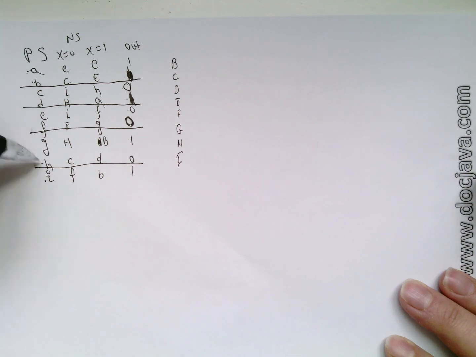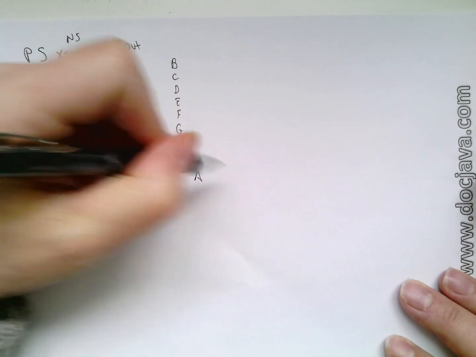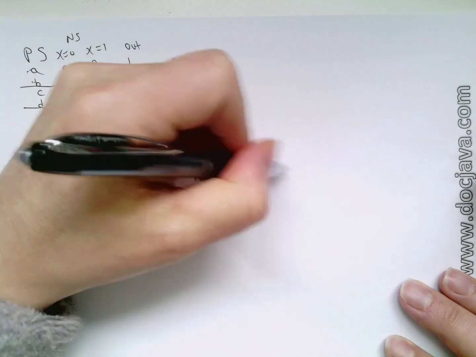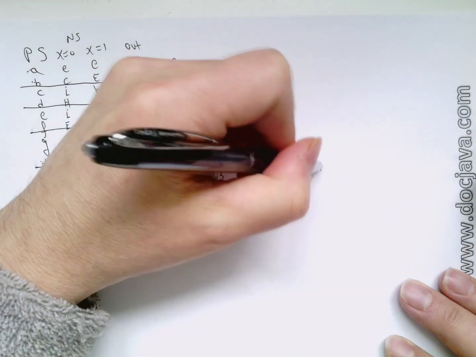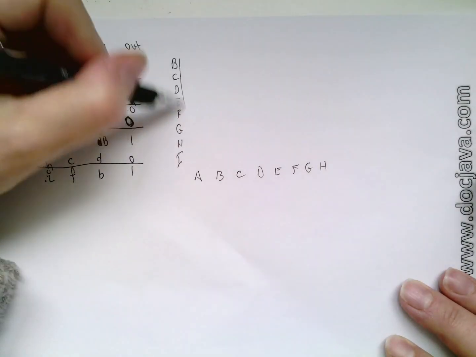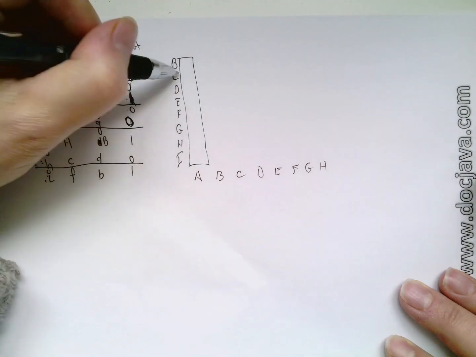That's A through H on the bottom: A, B, C, D, E, F, G, and H. So we stop one short of I. And then we proceed to do a lower triangular matrix.